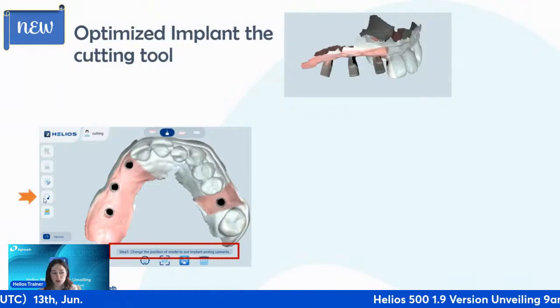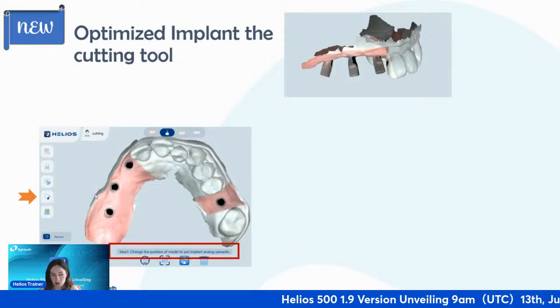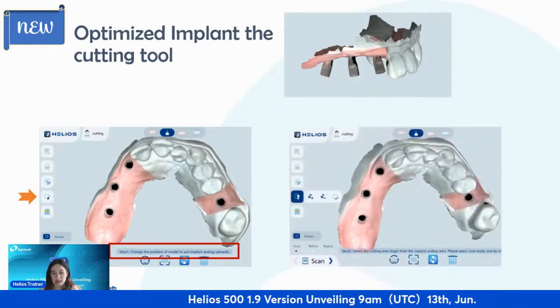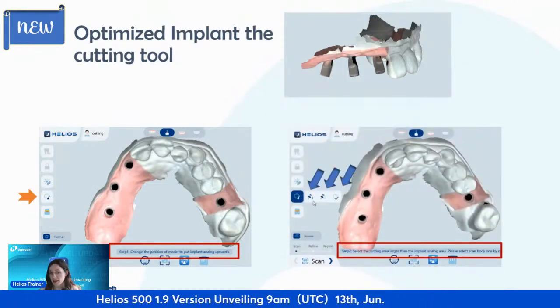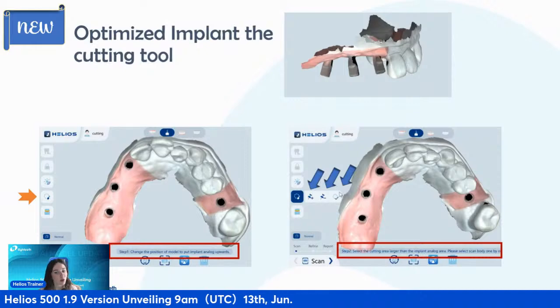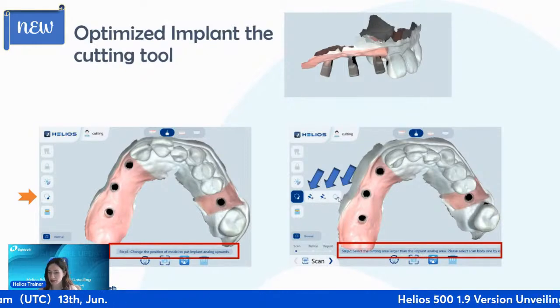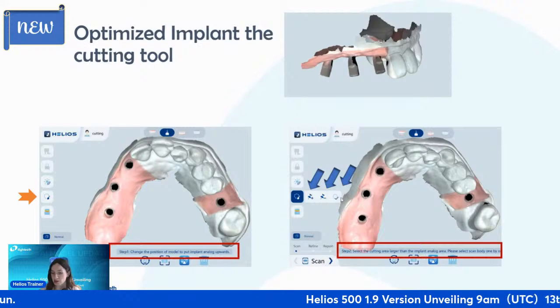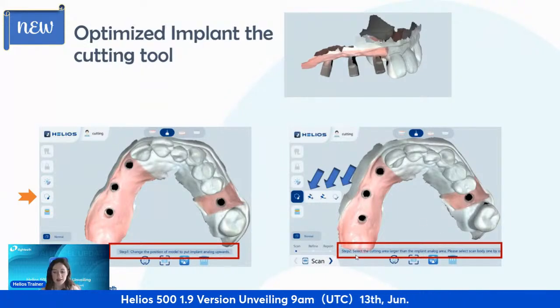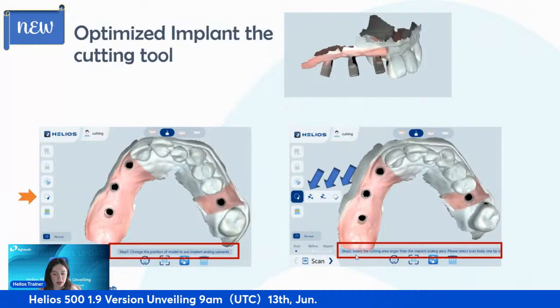And when you use our circle cut tool, it will pop up adding, removing, and confirming tools. It is similar but different from before. And look at this second step: select the cutting area larger than the implant analog area.